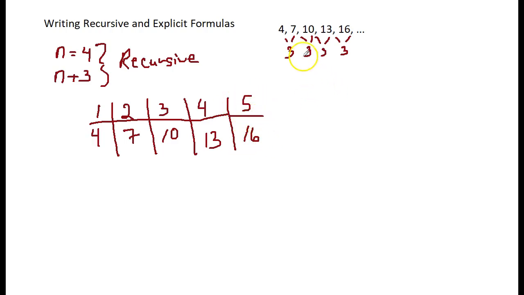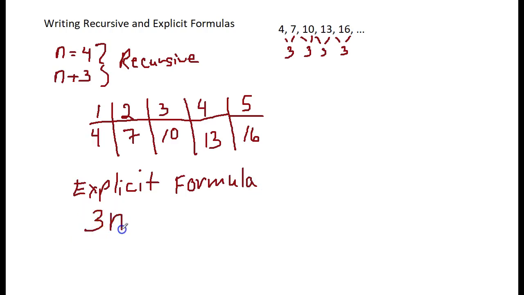In other words, these are multiples of 3, but I add 1 to that. So my explicit formula is 3 times whatever my number n is.